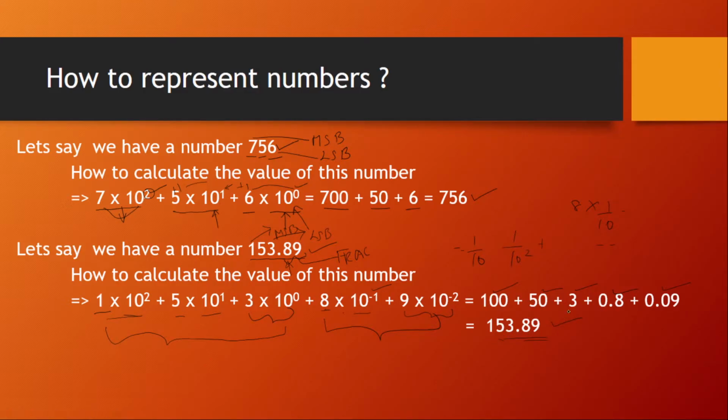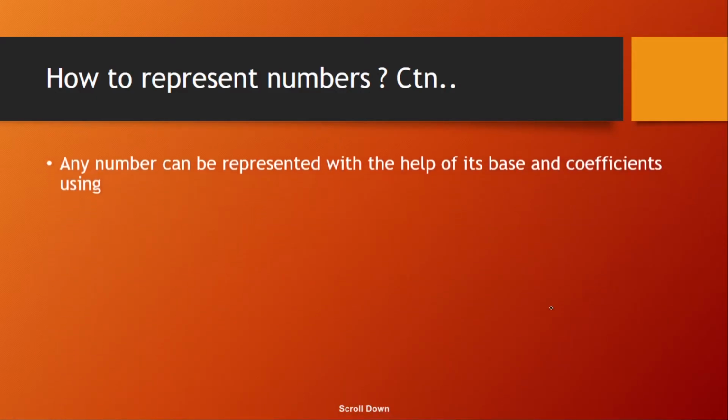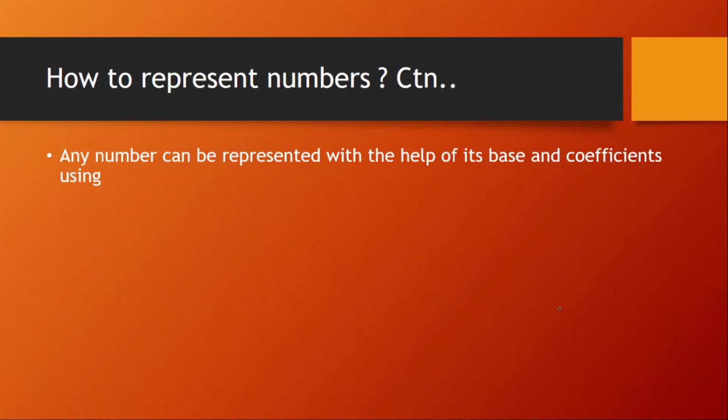So when we try to represent these numbers, of course, we do have a common representation, and we do have certain notations. So we will see that now. Any number can be represented in this form. I can have a common notation like a_{n-1} and it keeps on going till a_0, dot, a_{-1}, and it keeps on going to a_{-m}.